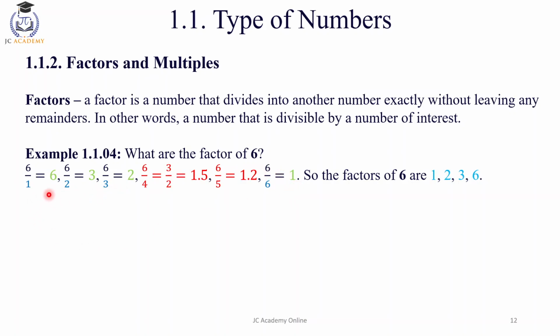These numbers do not leave any remainders, whereas if you divide 6 by 4 and 6 by 5, you get 1.5, 1.2. So in other words, you have remainders or decimal numbers. So these are not factors of 6. So the factors are just 1, 2, 3, and 6.